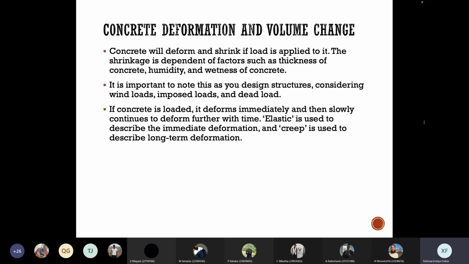If you were to measure the height of that concrete, you will see that it deformed, it will shrink by certain millimeters. So that's why they're telling you that as much as it will appear to be a solid particle, because in that format it's solid, but still it does shrink.